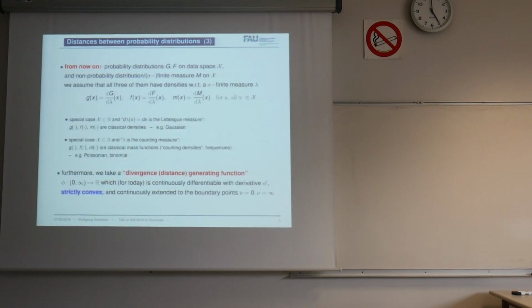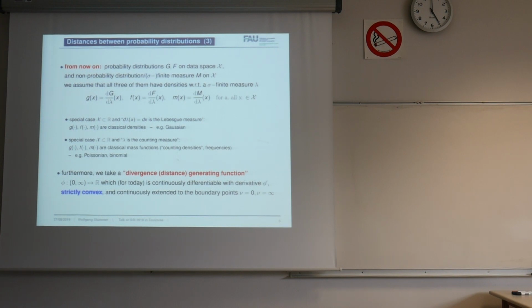So we are quite general, so we use a reference measure lambda, and with respect to this reference measure, these two probability distributions should have a density, G and F, and the scaling also should have a density, I call it M, but the scaling need not be, and typically is not, a probability measure, okay?